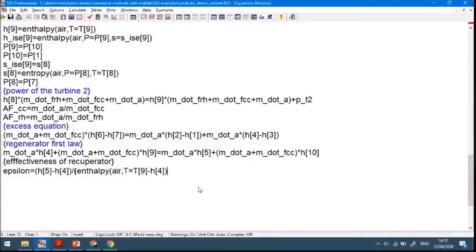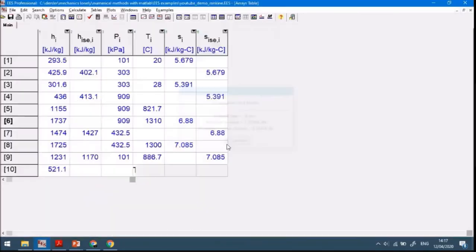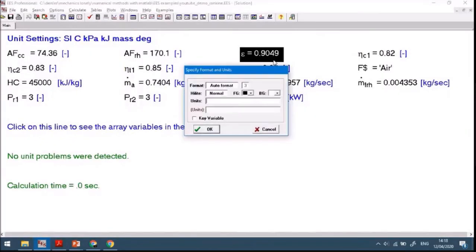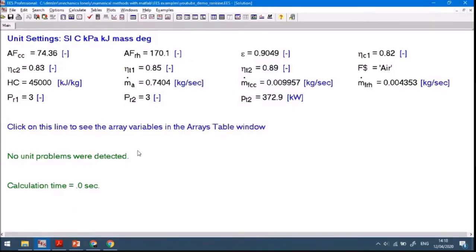See what we have here. So T is T9, brackets of this one, and H4, and it's almost 91%. Good.